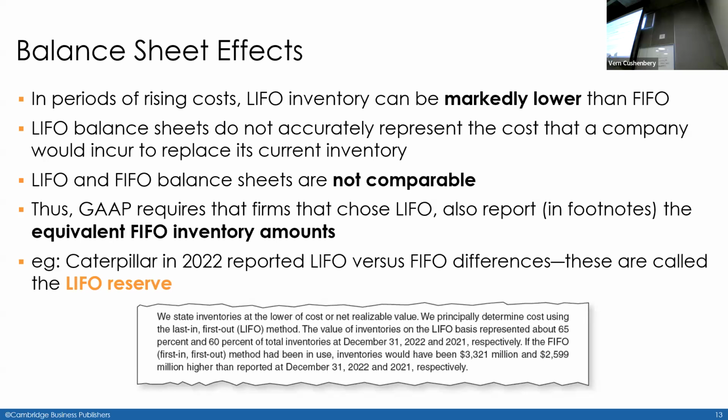Last paragraph. If the FIFO method had been in use, inventories would have been 3 billion higher than reported at December 2022. Okay, that's a little confusing. Inventories would have been 3 billion higher.